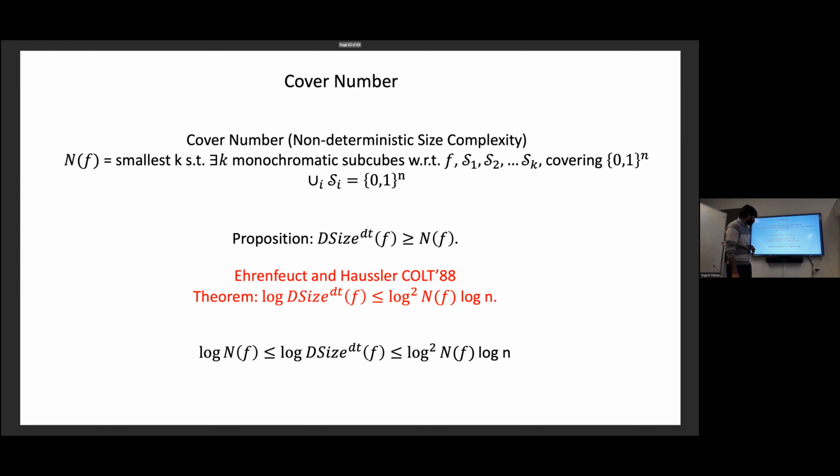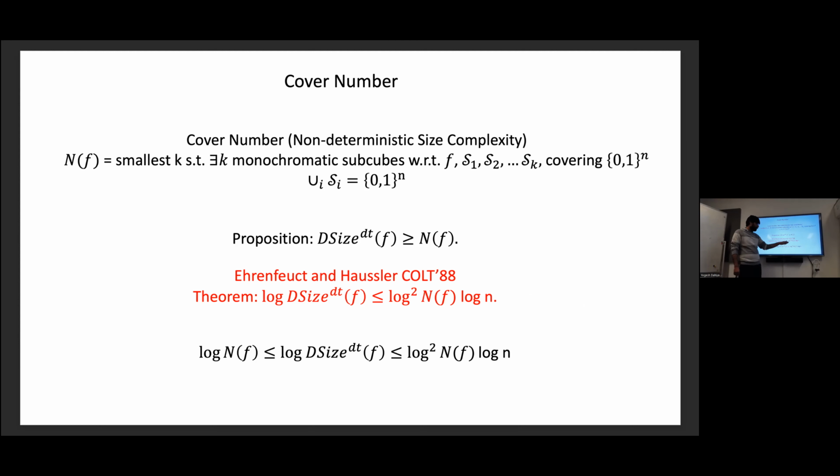It's interesting to ask what the relationship is in the other direction. We know that cover number lower bounds deterministic size. Can we say that cover number also upper bounds deterministic size? There's an old result by Alphonse and Hausner which showed that log of deterministic size can be upper bounded by log of cover number to the power 2, and there is this log n factor also in the relation.